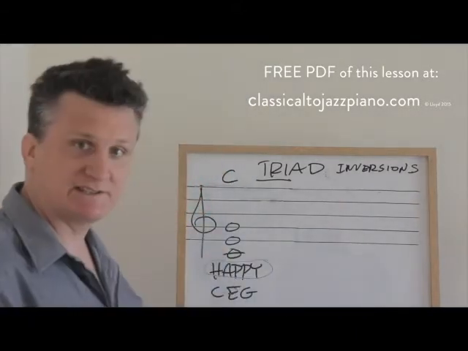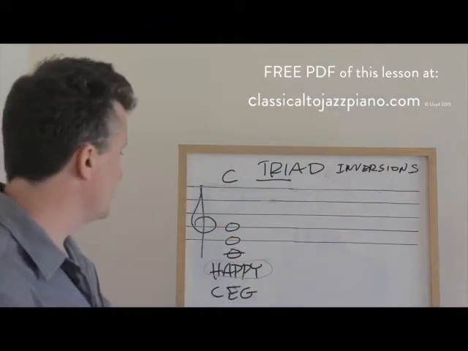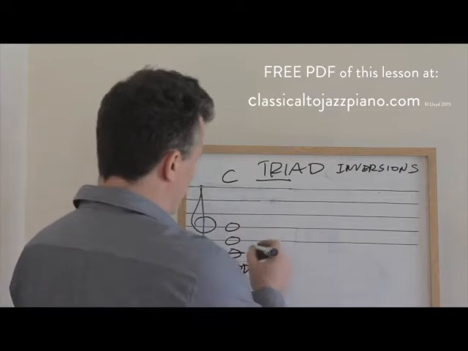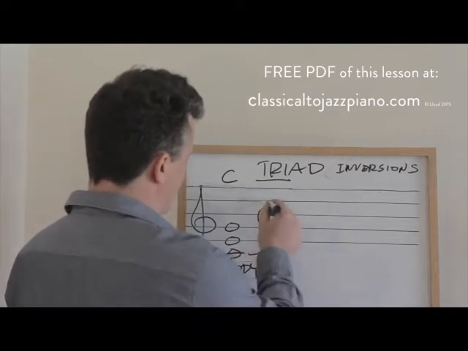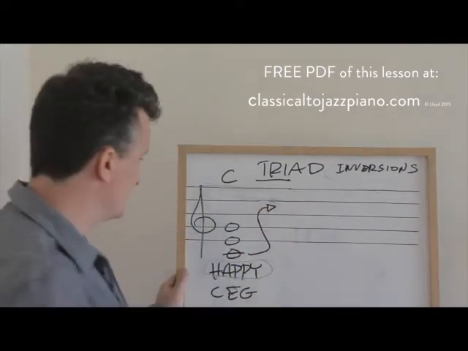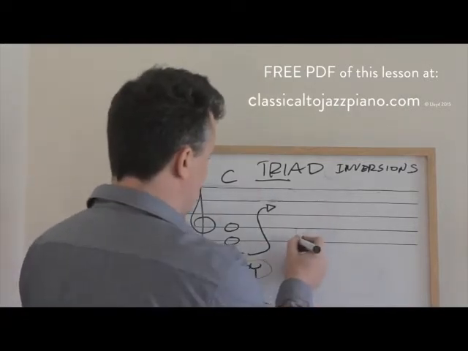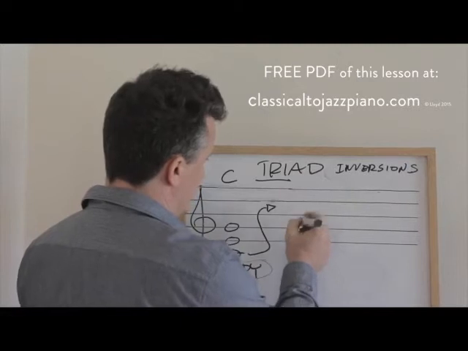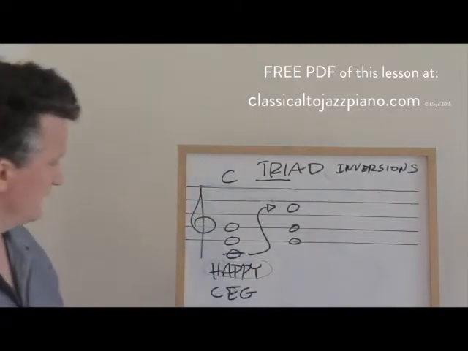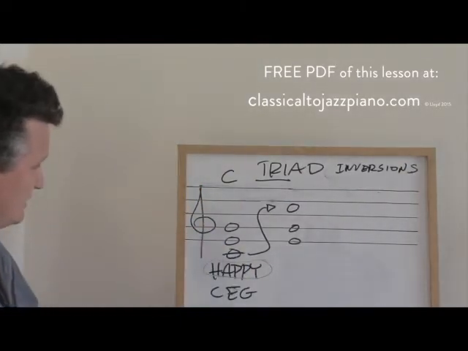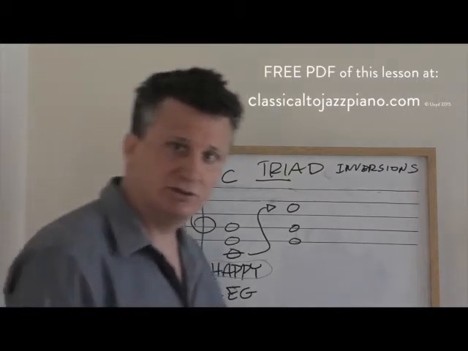So here we have our C major triad, made up of C, E and G. Now I'm going to move this note, middle C, up the octave to the top. So it's going to go E, G and C. You can see that it now creates a new sound.